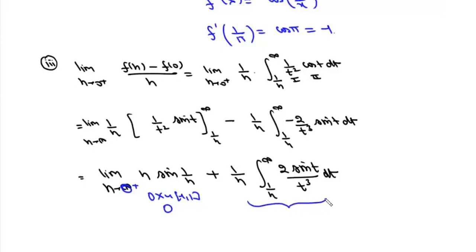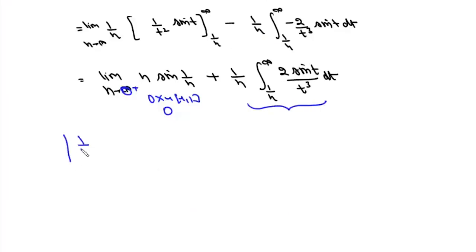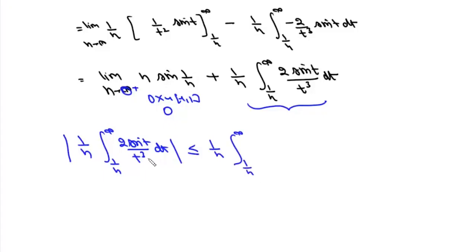Now again we'll use absolute convergence. So we can write the mod of 1 upon h times this integral from 1 upon h to infinity of 2 sin t upon t cube dt will be less than or equal to 1 upon h times the integral from 1 upon h to infinity of mod 2 sin t upon t cube, and again sin t is less than 1, so it will be less than 2 upon t cube dt.